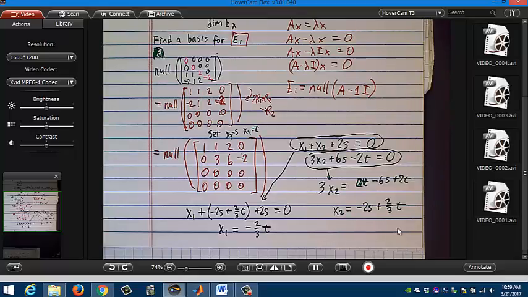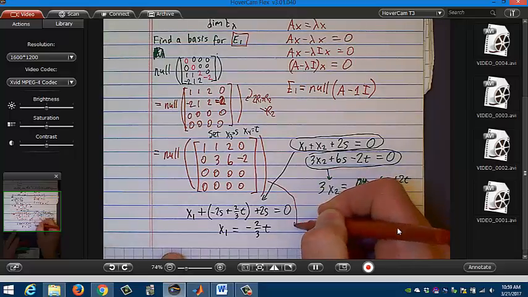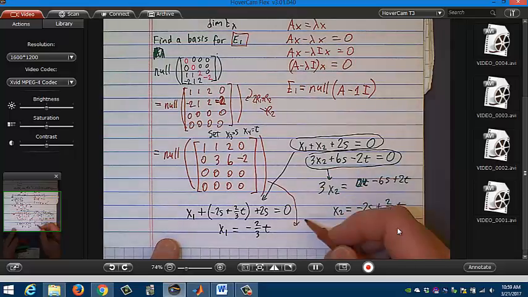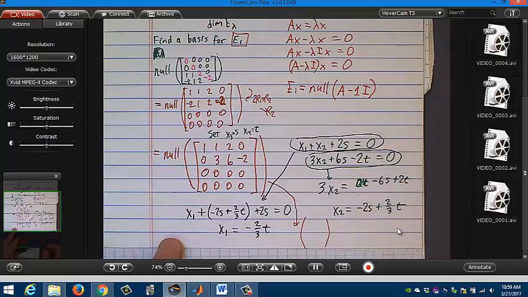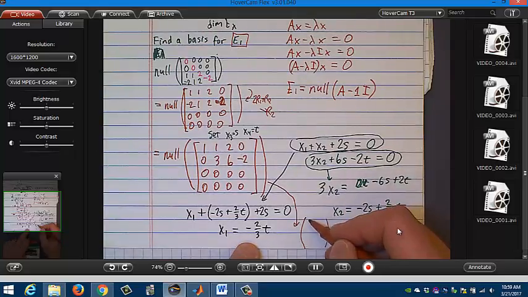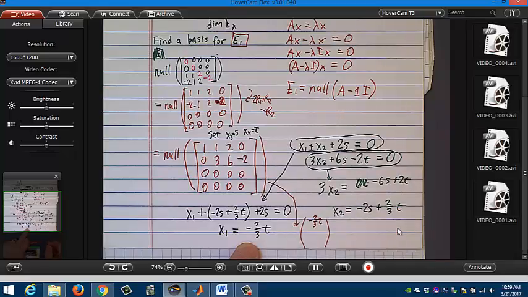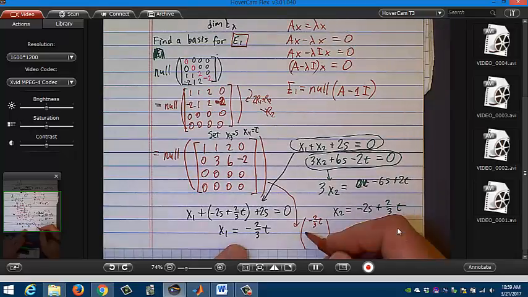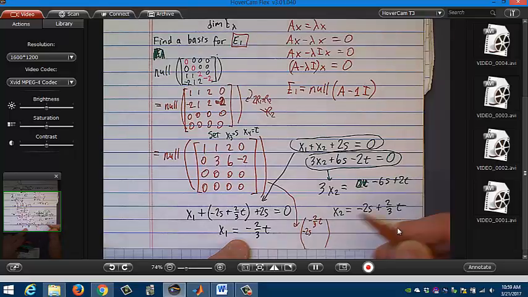Okay. So, continuing. Things that are in the null space, what do they look like? Well, x1 has to look like this: negative 2/3 t. x2 has to look like this: negative 2s plus 2/3 t. x3 would be s, and x4 would be t.